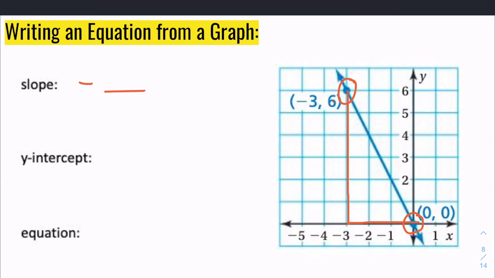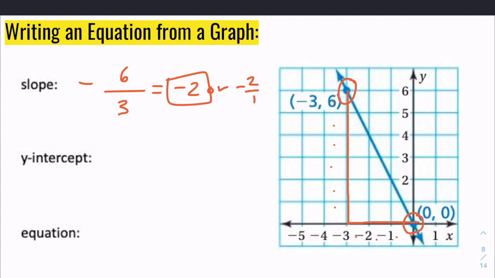Count the rise, 1, 2, 3, 4, 5, 6. Count the run, 1, 2, 3. So negative 6 over 3. You could leave the slope like that since you don't have easy access to a calculator, but if you simplified that in a calculator, you would get negative 2 or negative 2 over 1 as your slope.